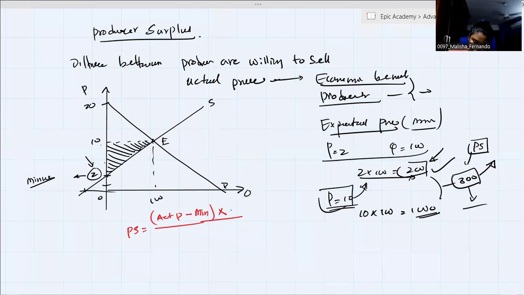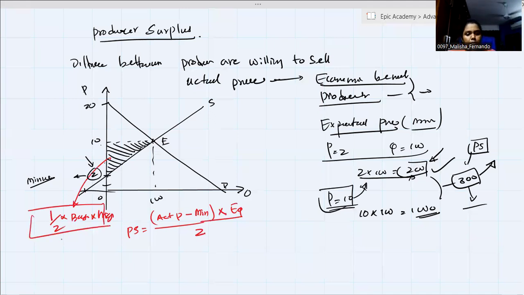Multiply by equilibrium quantity divided by 2. Got it? The mathematical approach to calculate the producer surplus is half into base multiplied by height.